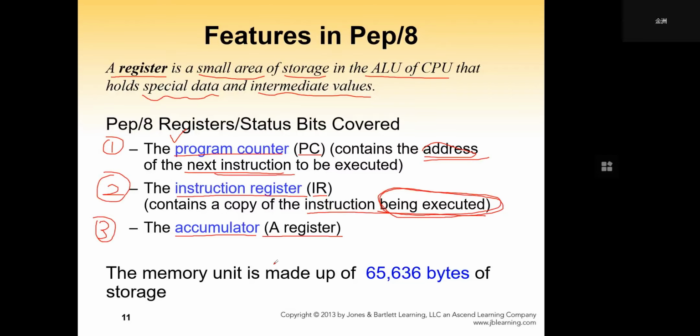In this PIP-8 machine, the memory is made up of 65,000 bytes of storage. Remember, what does this represent? 2 to the power of what? In this machine, how many bits do we have?